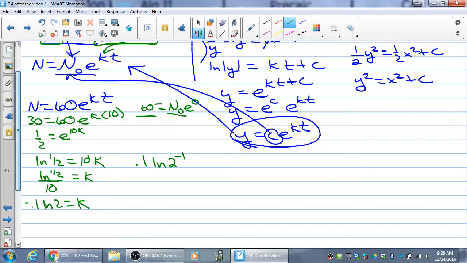That's 1/2, 2 to the negative 1. Now the power rule for log says you can bring that negative 1 down in front. So I'm guessing if we look in the back of the book, they're going to have something like this, possibly. So your final answer is N equals 60 e to the negative 0.1 natural log of 2 t. There's your k.